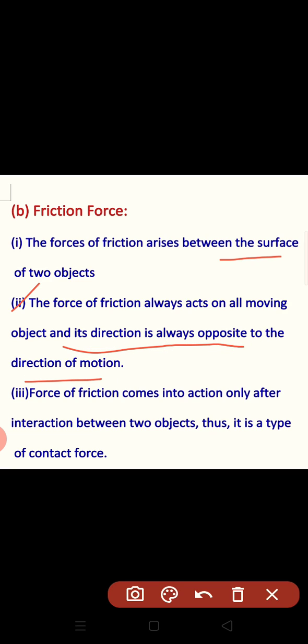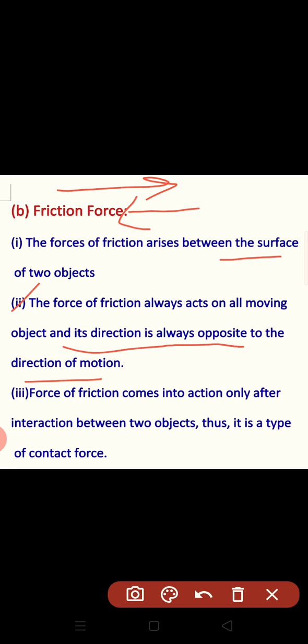It means if an object is moving in this direction, frictional force will be applied in the opposite direction.